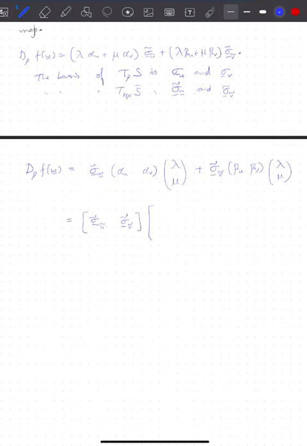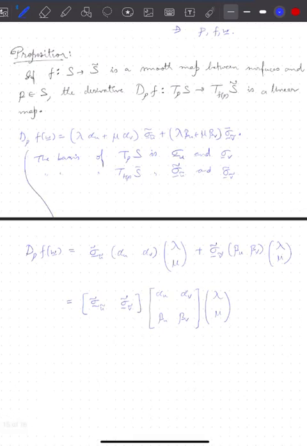Then this we can call alpha_u, alpha_v, and beta_u, beta_v, and on the right hand side, what we have is lambda, mu. And we can see that it should give us the same expression where we had started. This is what it should be, right?